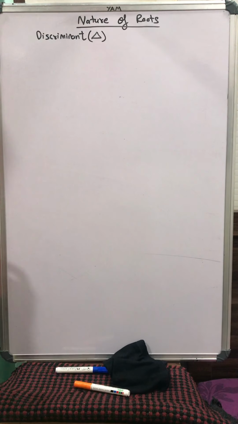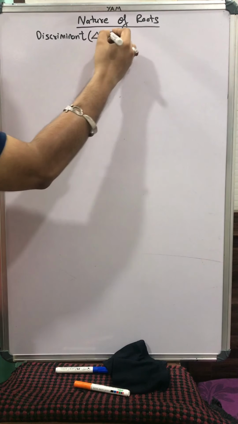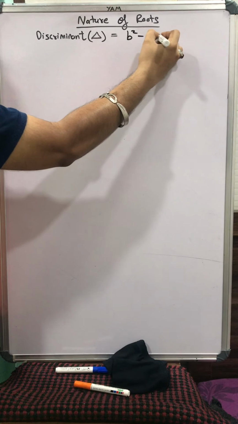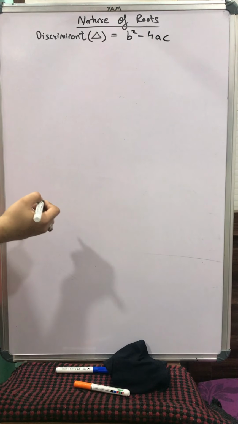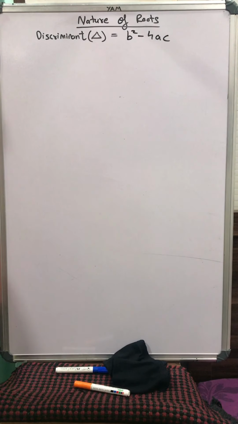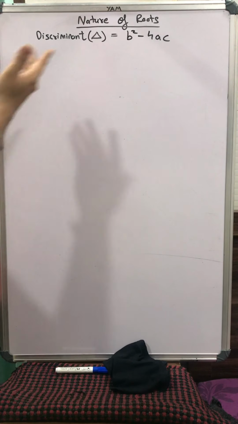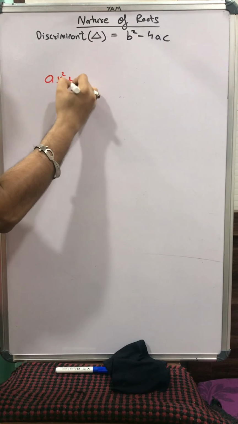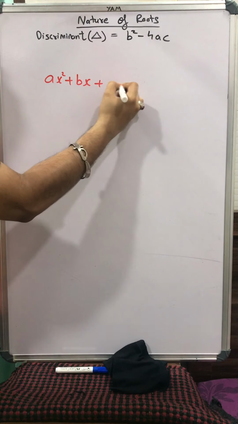The very first thing is, you need to find the discriminant. And how to find the discriminant? The formula for finding the discriminant is b square minus 4ac. Now I know you must all be knowing where I got b from. Any general quadratic equation is ax square plus bx plus c equal to 0.